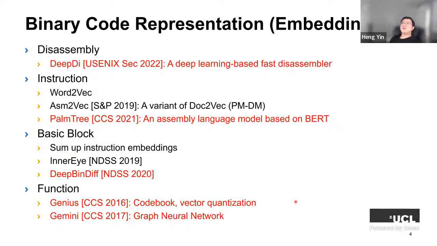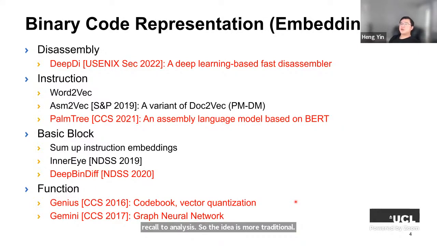And then last, we talk about function embedding. I have two papers here. One is Genius, which is probably the very first paper where we started to seriously look at applying machine learning to binary code analysis. The idea is a more traditional kind of machine learning approach.